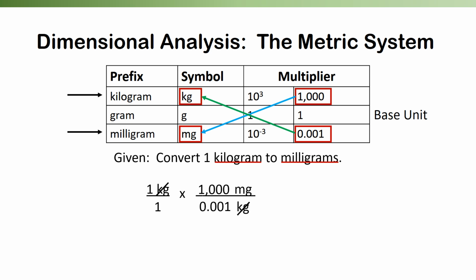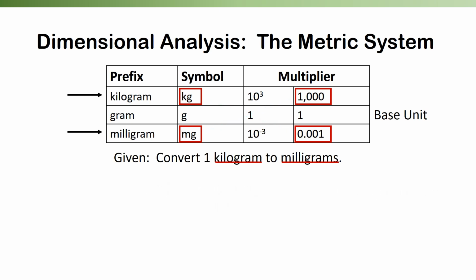And looking at the numerator, we have 1 times 1,000 milligrams, and in the denominator we have 1 times 0.001, which gives us 1,000 milligrams over 0.001. And we can further reduce this by dividing the numerator by the denominator, and our final answer is 1 million milligrams. There are 1 million milligrams in 1 kilogram.